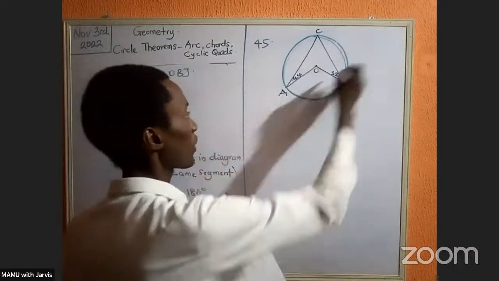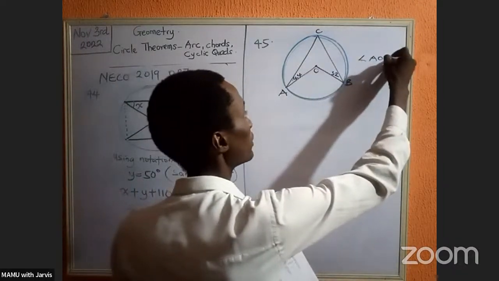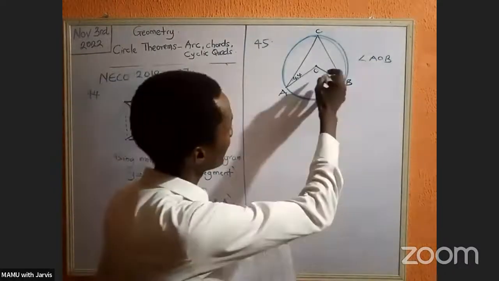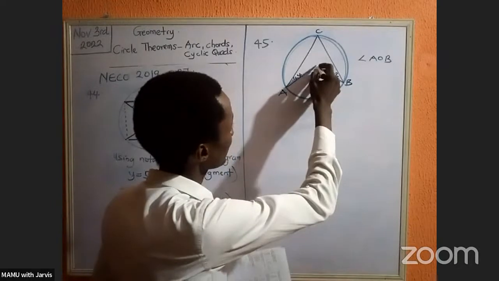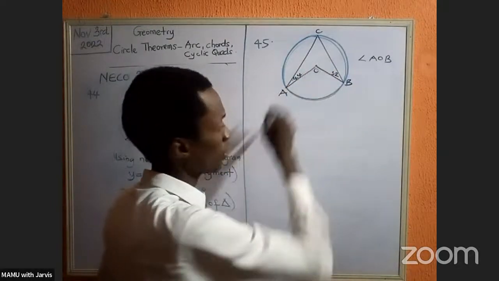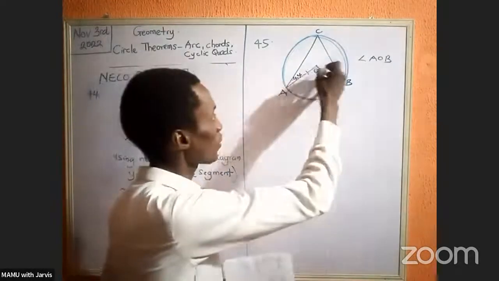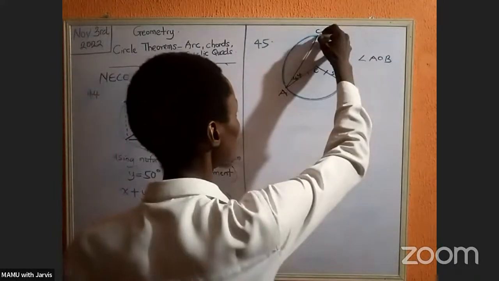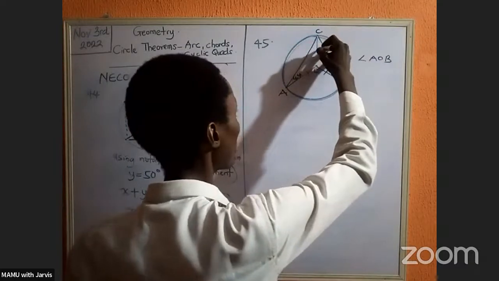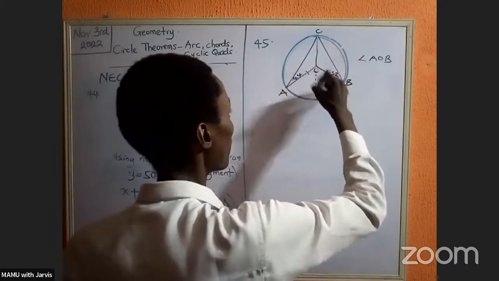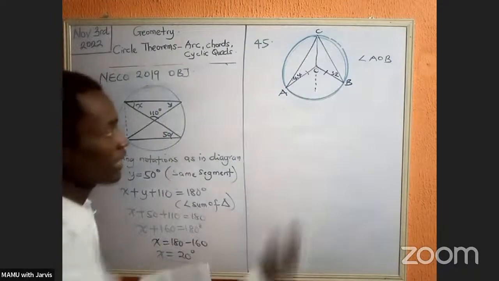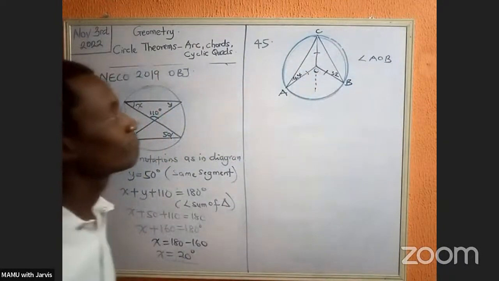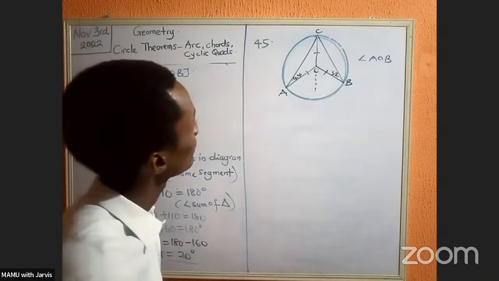So to find angle AOB, how do you solve a question like this? Now remember that this is a radius. The distance from the center to the circumference is your radius. So this is equal to this. So what I do is to introduce another line, such that all these are radii.